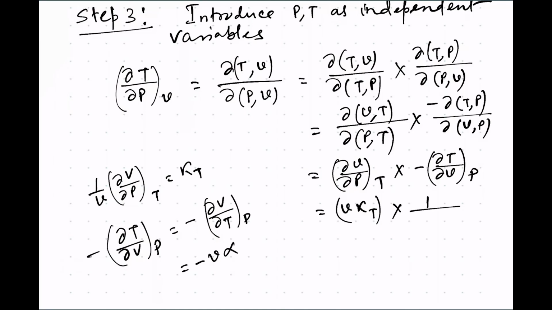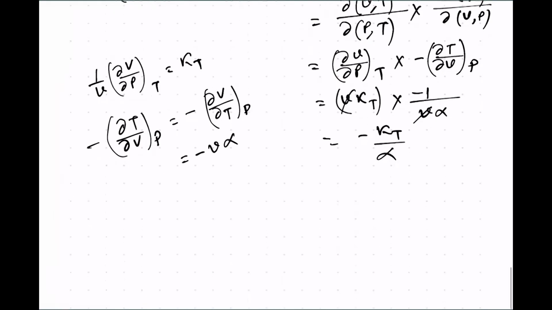So, this is minus 1 by V alpha. If you see, it is minus kappa T by alpha. So, it becomes very easy when you do that.